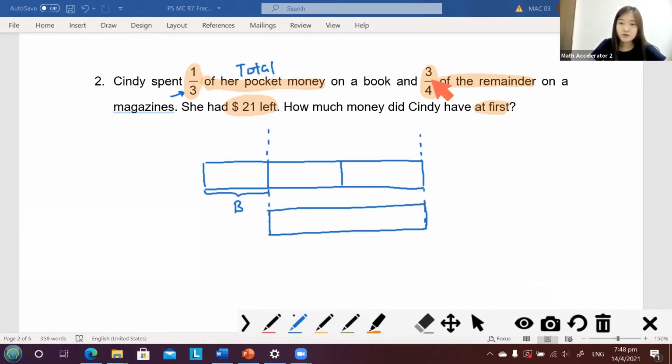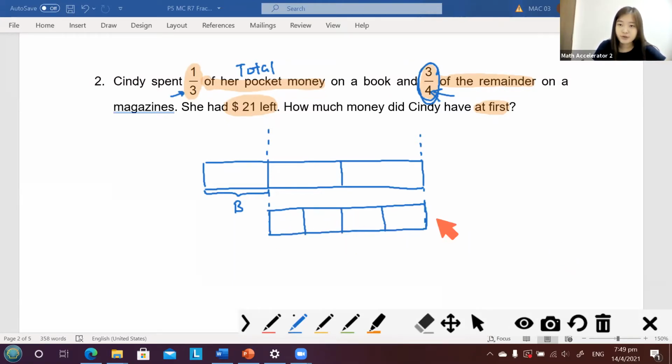How many units do I cut the remainder into? Look at the fraction. Do I cut it into 3 or 4? Good. Yes, you should cut it into 4 because of the denominator. Correct.